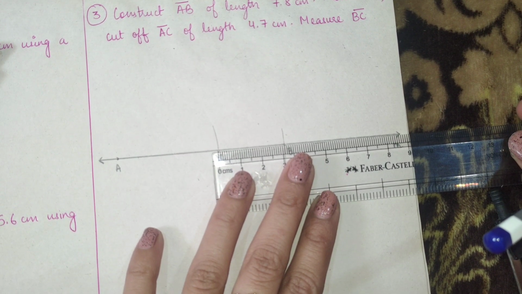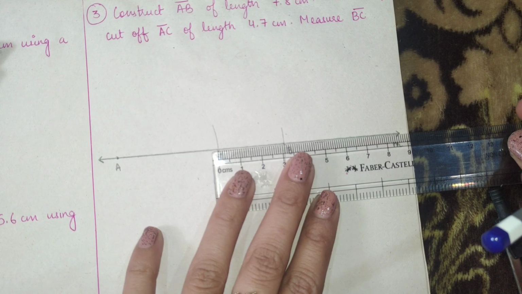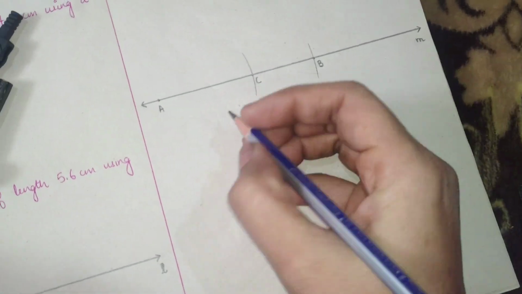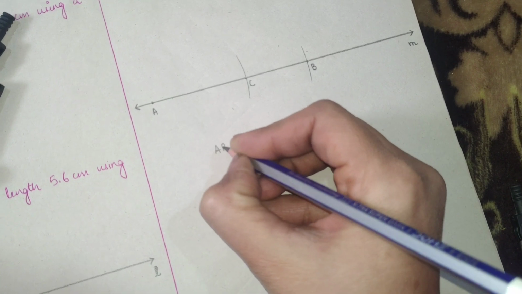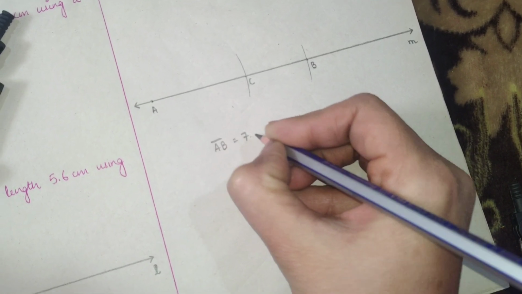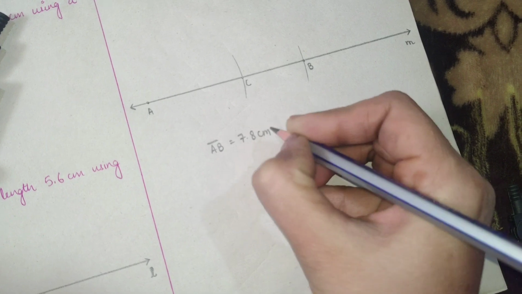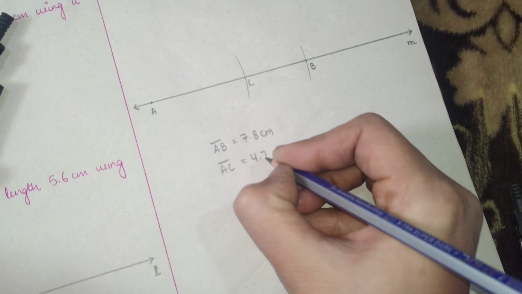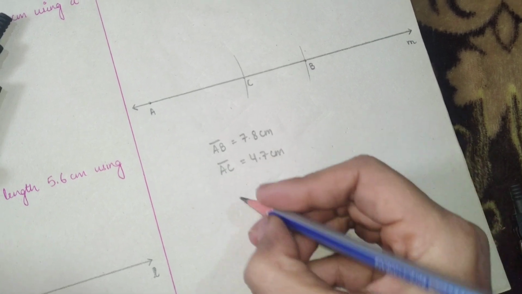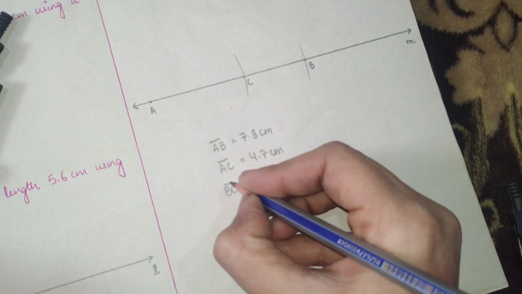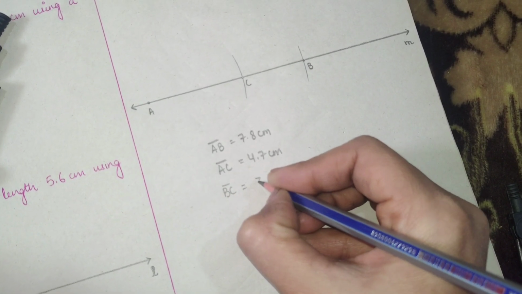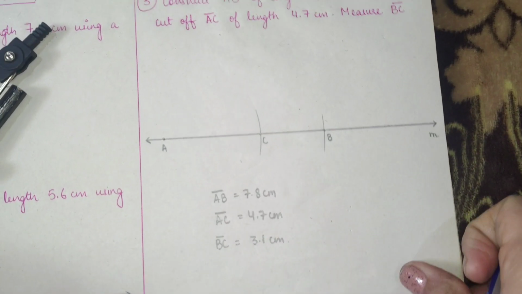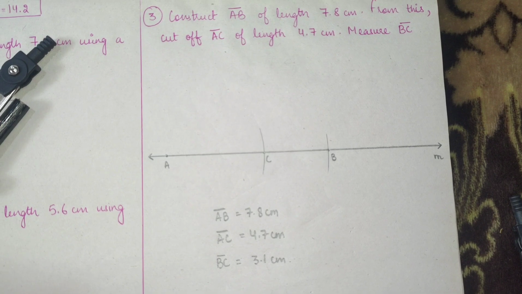It is 3.1 centimeter. So here you will write AB 7.8 centimeter, AC 4.7 centimeter, and you measured BC, which came out as 3.1 centimeter. Okay, that's how you'll do question 3.